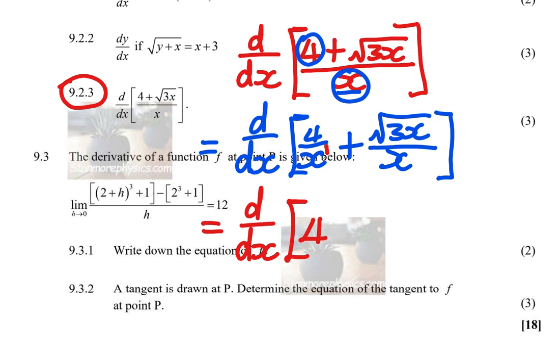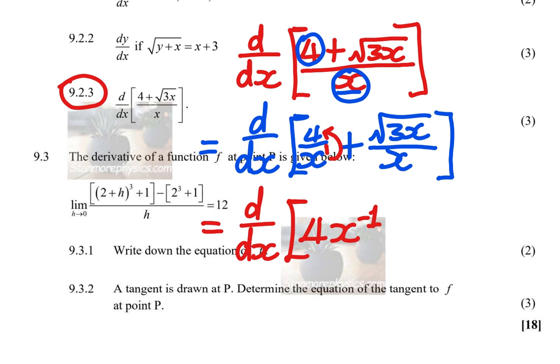So if you want to bring this x to the same level with the 4 in the numerator, the exponent of the x, which is 1, will change in terms of the sign. If it's positive 1, when you bring it to the same level with 4, it becomes negative 1.